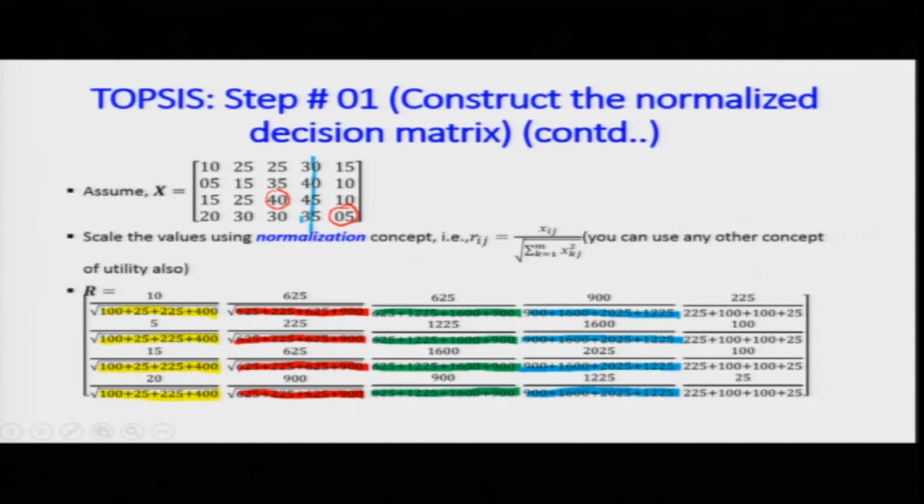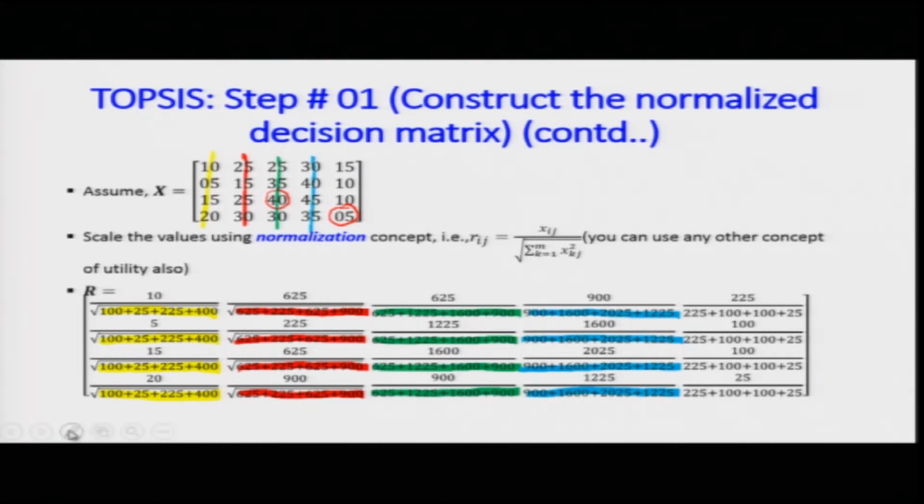Blue goes with blue, green goes with green, red goes with red, yellow goes with yellow. The blue one means I am squaring 30, which is 900, 40, which is 1600, 45, which is 2025, and 35, which is 1225.